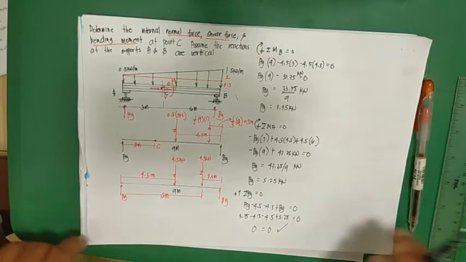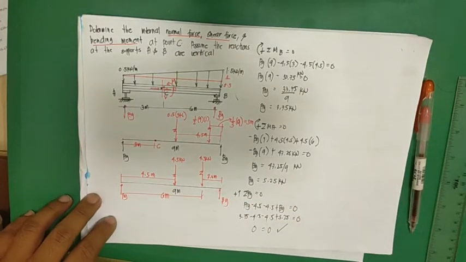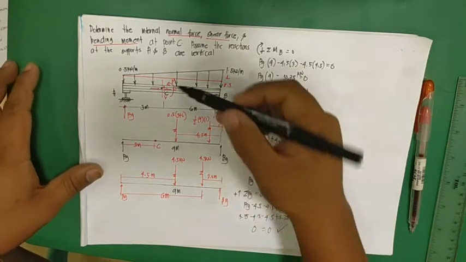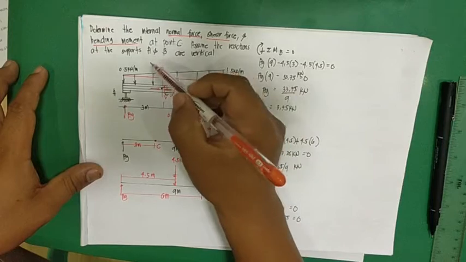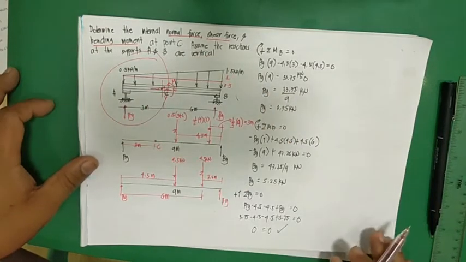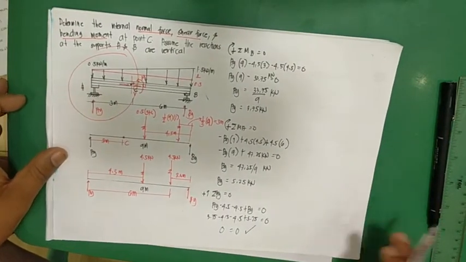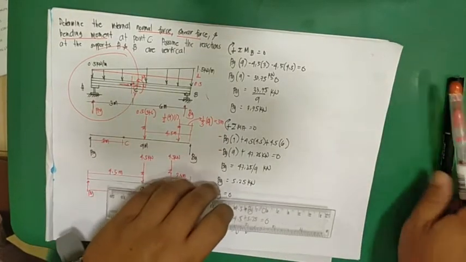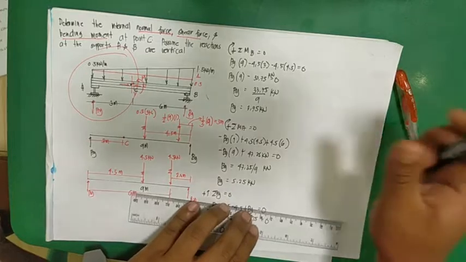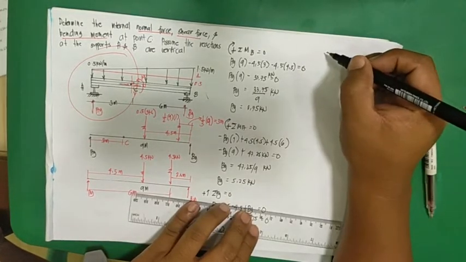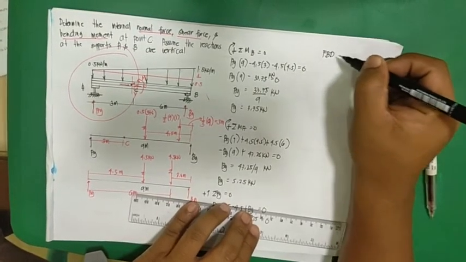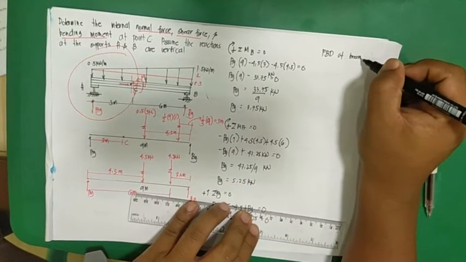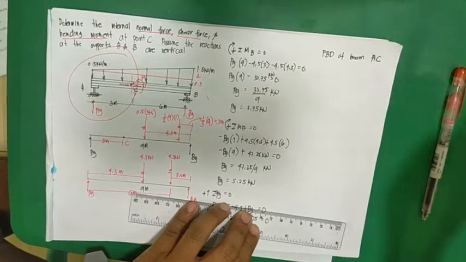Now, you can proceed with isolating or having the free body diagram of this one. So, what will happen is that when you cut that one, here we can now solve the free body diagram of beam AC.